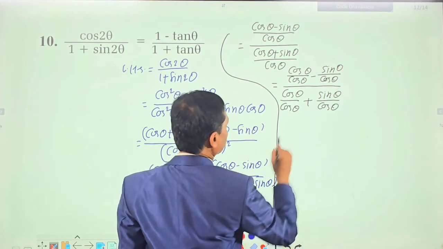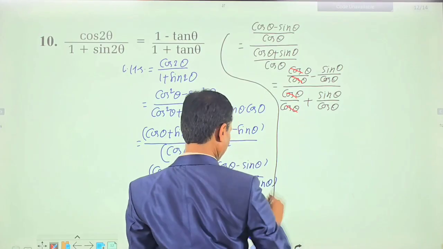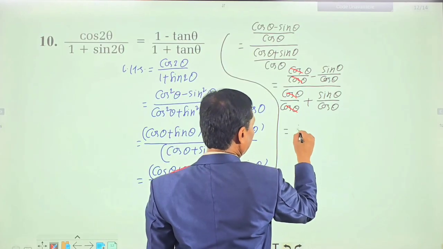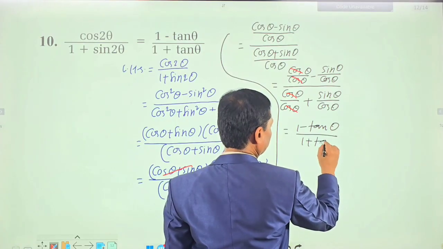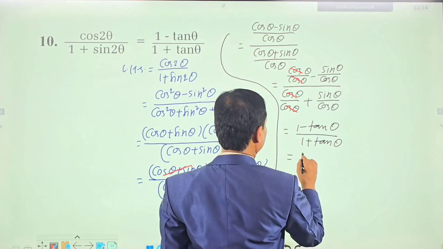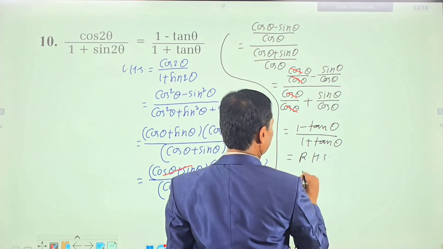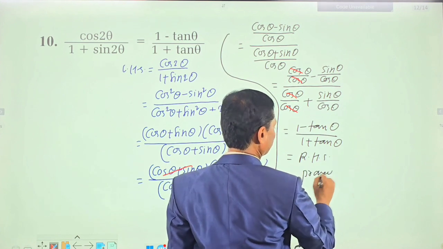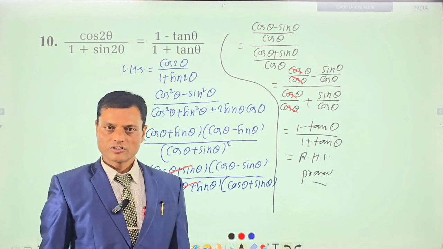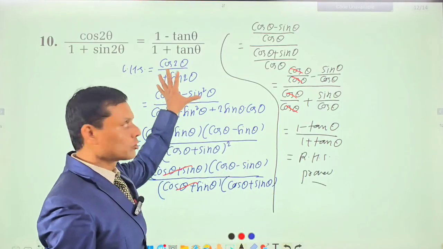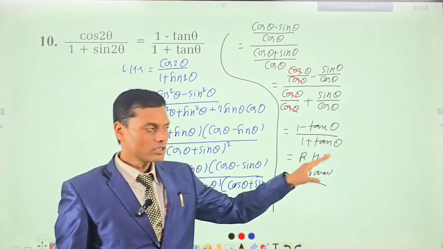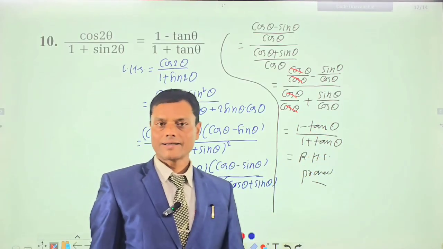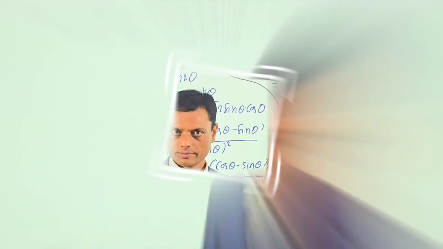Now we can cut cos and cos, and then we have here 1 minus tan theta over 1 plus tan theta. That's equal to right hand side, and that's proved. But I like to suggest you, better will be to choose right hand side and change tan into sin by cos and go on solving as I have done in the previous question.